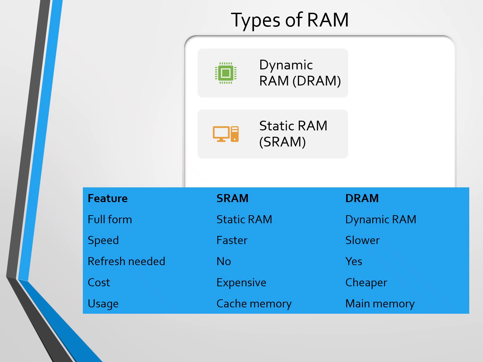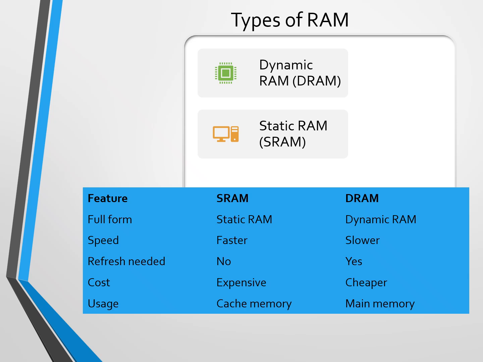So what features are mentioned in the table below? What is the full form? SRAM is static RAM, DRAM is dynamic RAM. What is the speed? The speed of the static RAM is faster, while the dynamic RAM is slower. Is refresh needed in the static RAM?